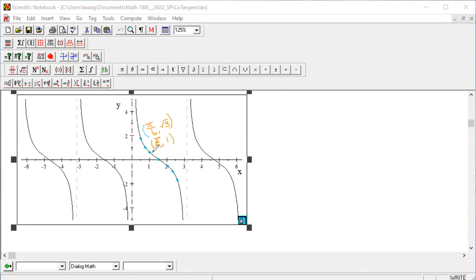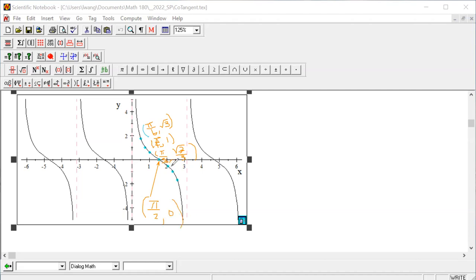And the next point here is pi over 3, √3 over 3. Forgive me my writing. This is pi over 2, 0. So this point is pi over 2, comma 0.